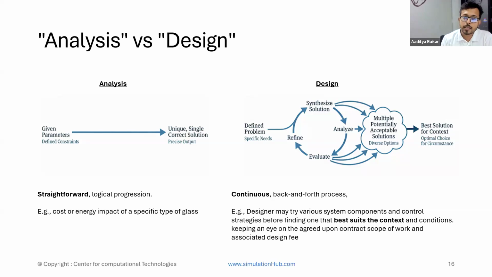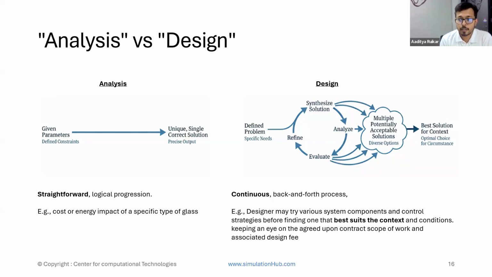But design is something where you have to work within multiple constraints, like economic constraints and cultural constraints, or the owner might want an acoustic-proof HVAC system. So you have to come up with a different type of HVAC.